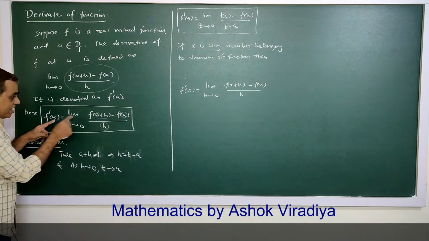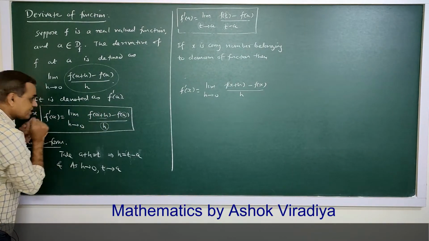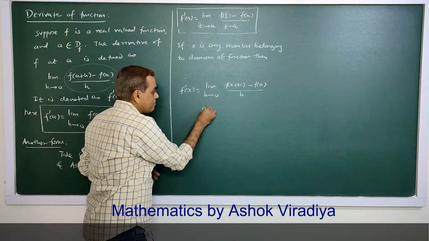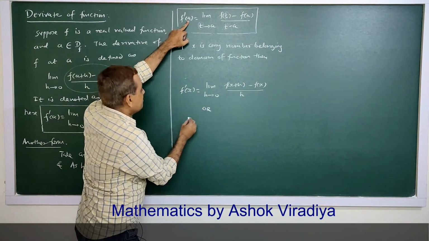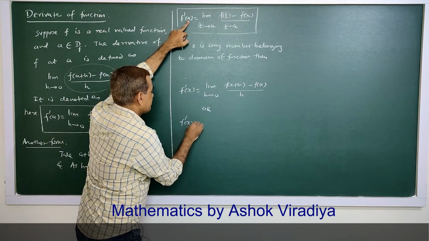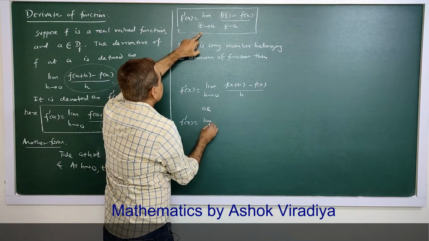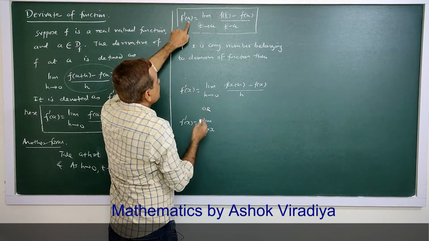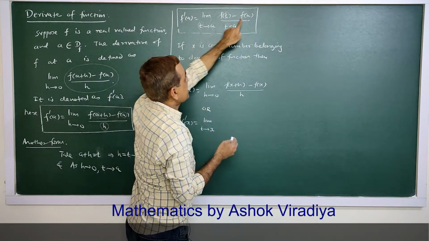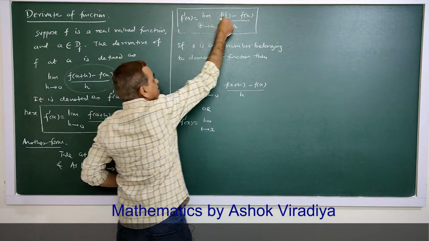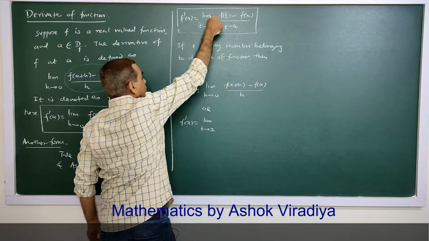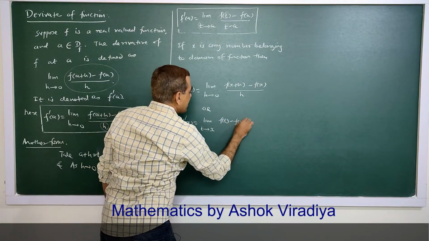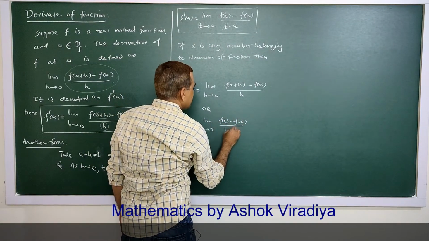Or in the second form of the definition, replacing a by x, limit t tends to x, t is a variable, keep as it is, f of t minus f of x upon t minus x.